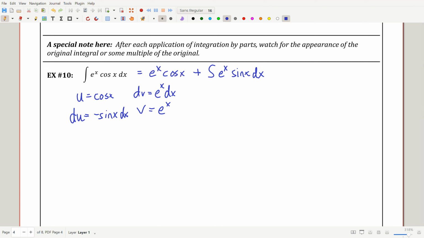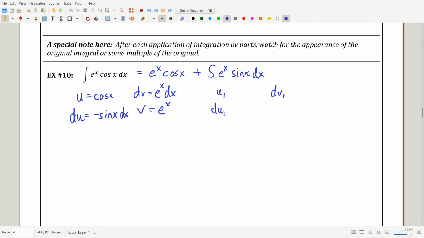If we can't just easily find the integral of e to the x cosine x, we probably can't just easily find the integral of e to the x sine x. So we'll do a second integration by parts. So we'll have a u1 and du1, dv1 and v1. I'm going to write these all out so I get them right for once.